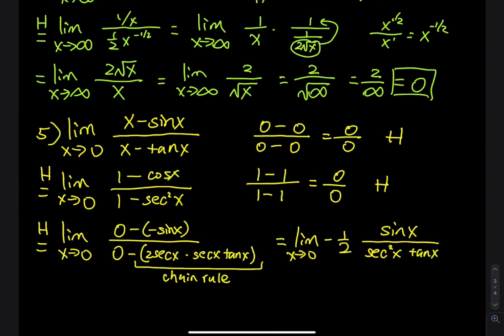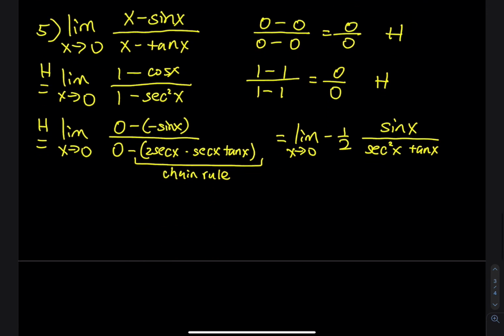And then here is something that you have to practice and you have to get experience. I am trying to simplify this, right? If you don't just plug in a 0, I need to simplify this. How to simplify this? I am going to put the tangent back to the top. All right.